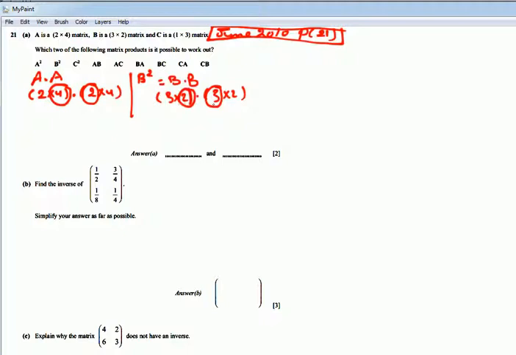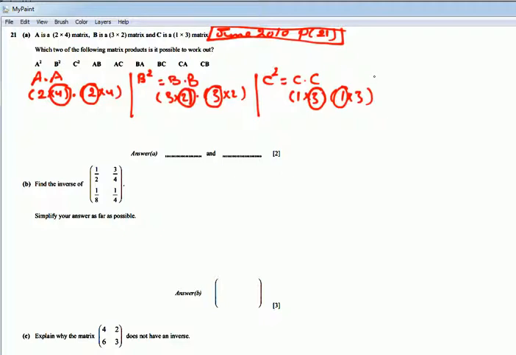If they are different, you can't. And here they are different, so you can't find B squared. Same for C squared. C squared means C times C, 1 by 3 times 1 by 3. Look at this number and this number. They are different, so you can't find the result of C squared.